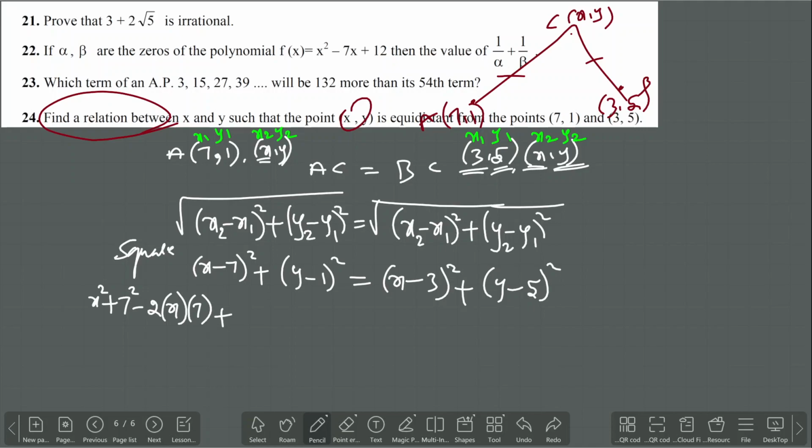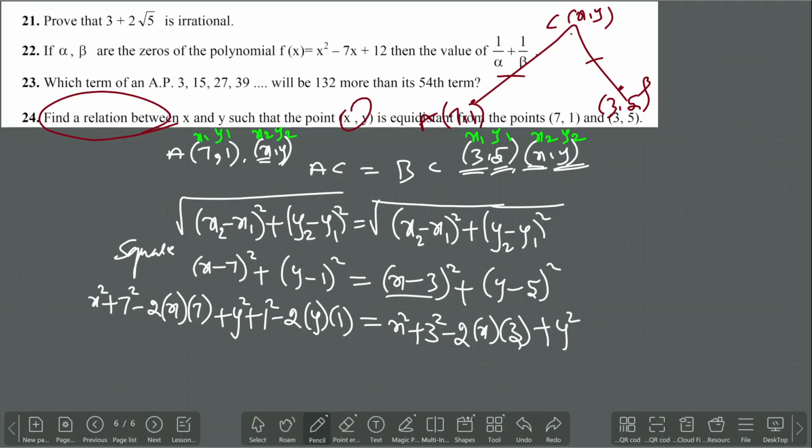For the next also, what will you be getting? a square plus b square minus 2ab. Same manner here, what will you be getting? x square plus 3 square minus 2ab, 2 into a value, b value. Like that, plus y square plus 5 square minus 2ab. You will be getting like this.